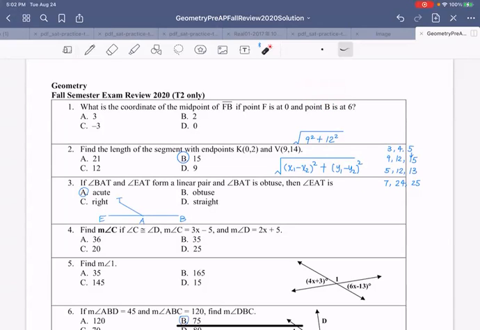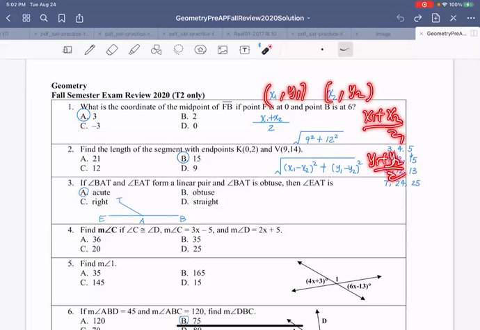If you have 1D, you have x1, x2, then your midpoint is x1 plus x2 over 2. If you have 2D, x1, y1, x2, y2, then your midpoint is x1 plus x2 over 2, and then y1 plus y2 over 2. Does that make sense?